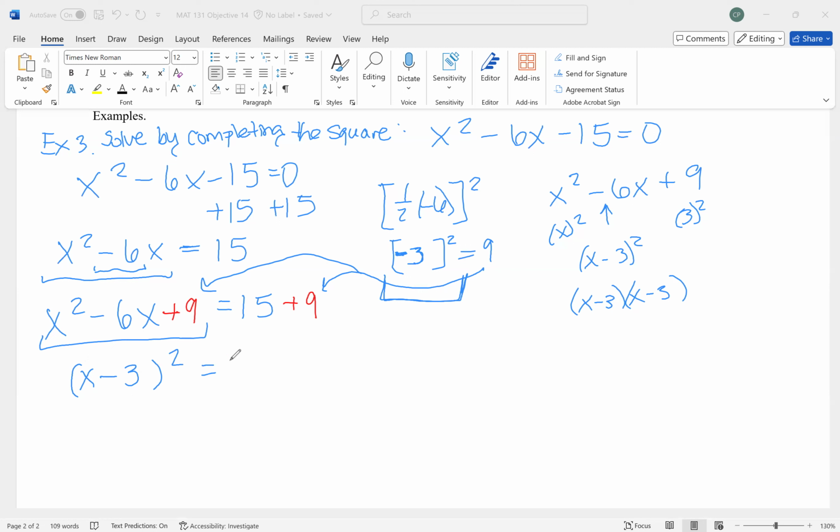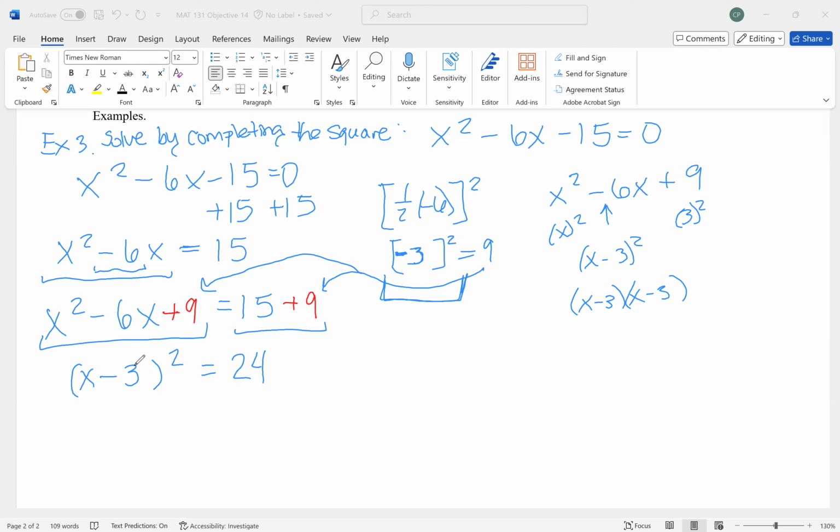And it's going to equal, on this side, we need to add these two together. So 15 plus 9 is going to be 24, okay? So after we do all of this, we completed the square and got the square of a binomial.